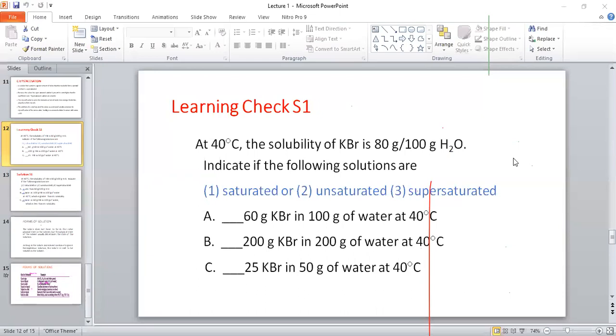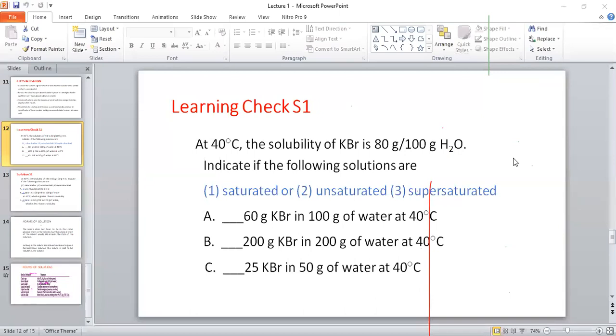That means you have 100 grams of potassium bromide in 100 grams of water. Solubility is not in just any amount of solvent, but in a specific amount of solvent, and when we're looking at water, it's always 100 grams of water. So you base your solubility on 100 grams of water.